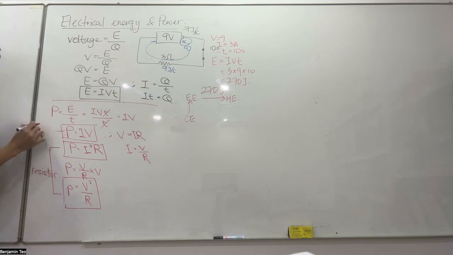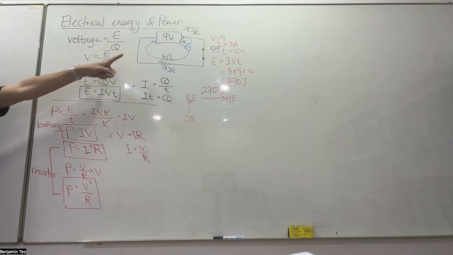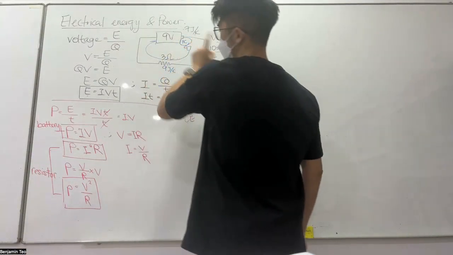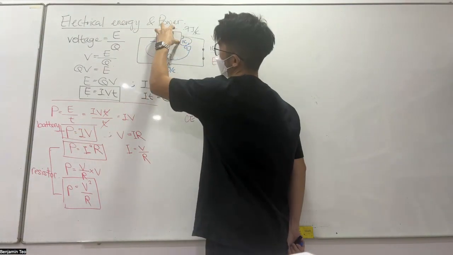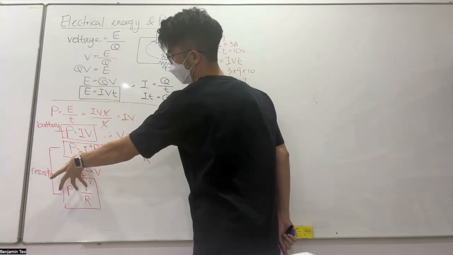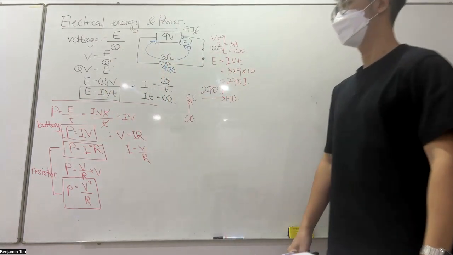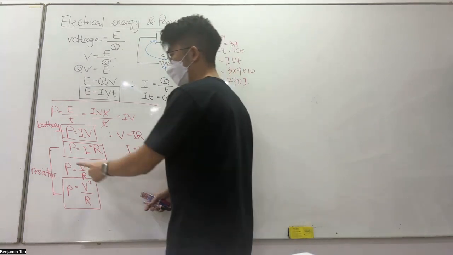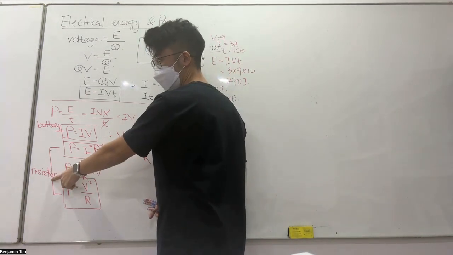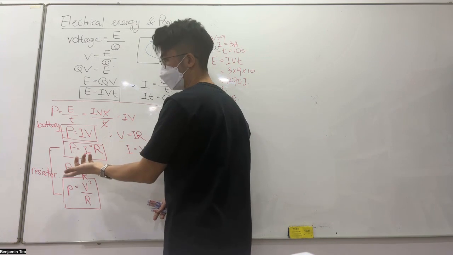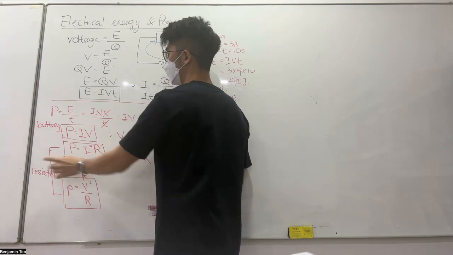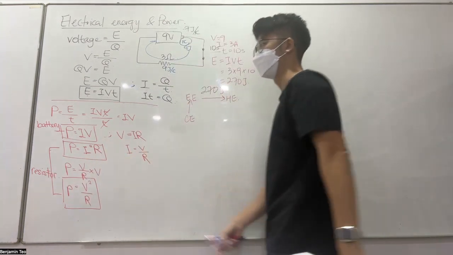And usually this one you use for the battery, because the battery has no resistance; it only gives you voltage and current. You can use this to calculate the power of the battery. These two you can use to find the power of the resistor. It's usually, but not limited. Doesn't mean that you can use this for the battery. No, usually you use them for the resistor because you have resistance.